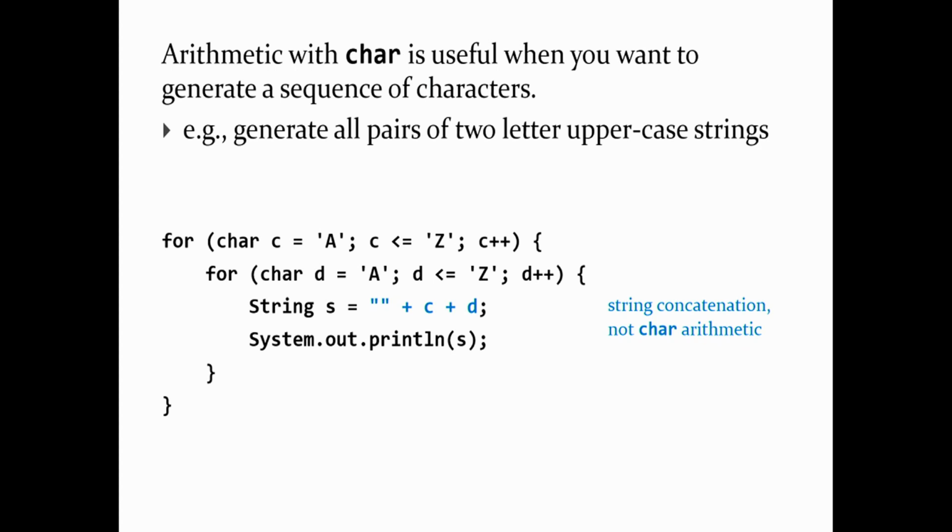Empty string joined with the letter A gives you back the string A. So all of that is now the string A. Now you have the string A plus the char D. So that's a string plus a char, convert the char to string, and then join them together. So now you get AA, AB, AC, and so on through to ZZ.